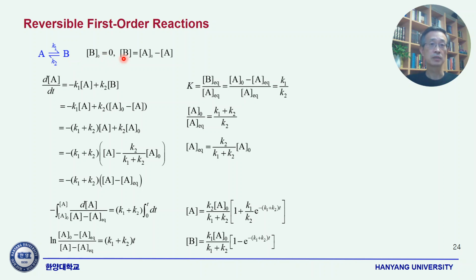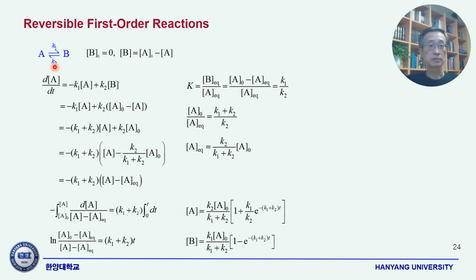And then the concentration of B is equal to A naught minus A, because the stoichiometric coefficients are 1 and 1. Okay, so this is the conservation relationship.